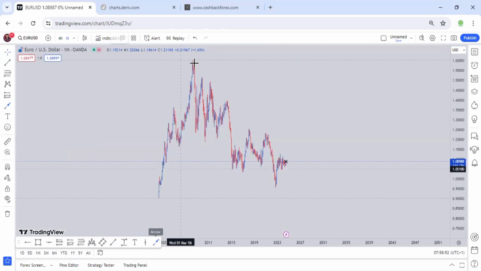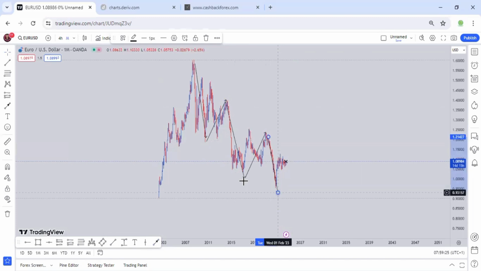So we have a structure to the down, and we have a retracement to the upside, and we have another structure to the down. Then we have another structure to the down, and again a retracement to the upside, and then a structure slightly to the down, just like a sweep.